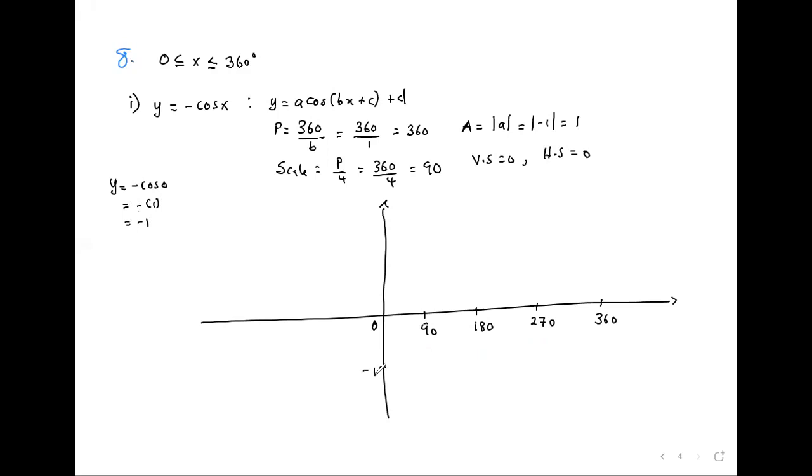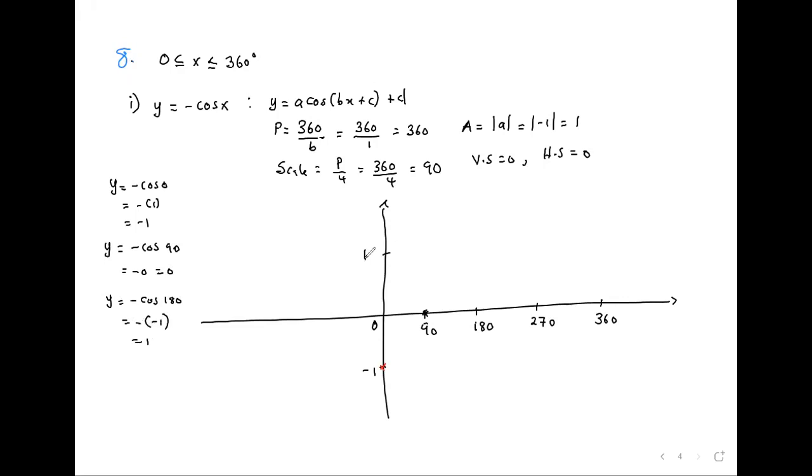So we have a point here. From there, we also have y is equal to negative cos 90. Now cos 90 is 0, so I have -0, which is 0. So we have a point there. We also have y is equal to negative cos 180. Cos 180 is -1, so we get 1.